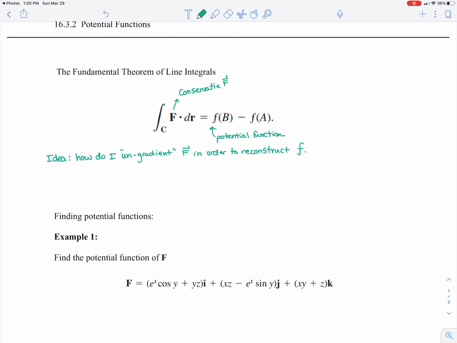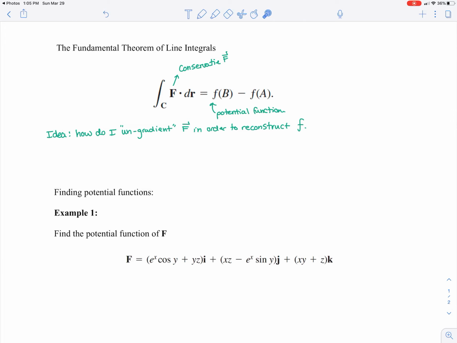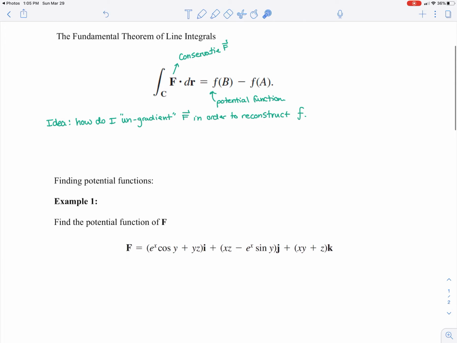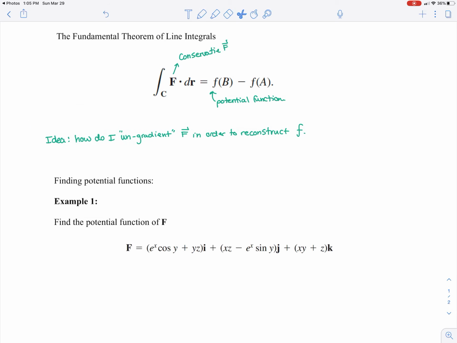So we know that this conservative vector field came from taking the gradient of little f, right? But we don't know what this little f is. So we need a way for ungradienting the vector field in order to reverse engineer what that initial function was so we can evaluate it at b minus a. So that's what we're going to do here.